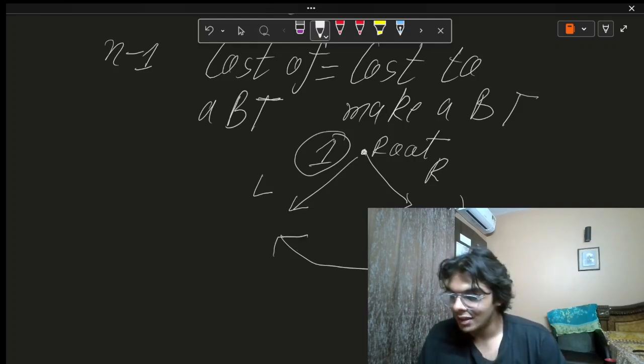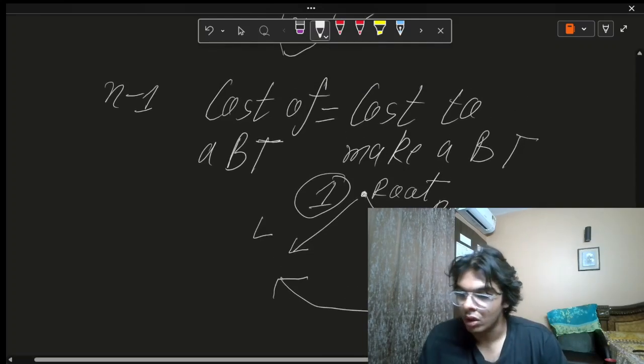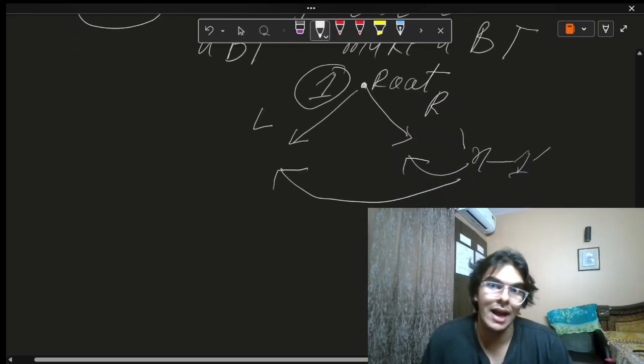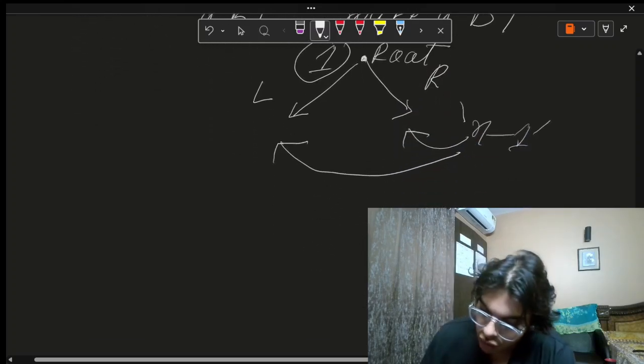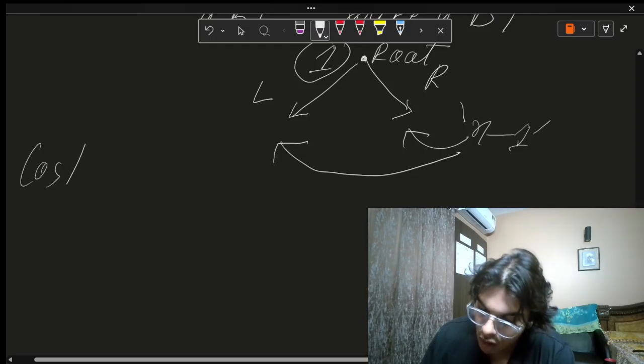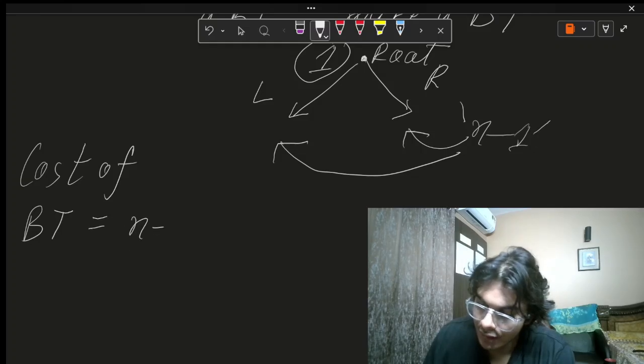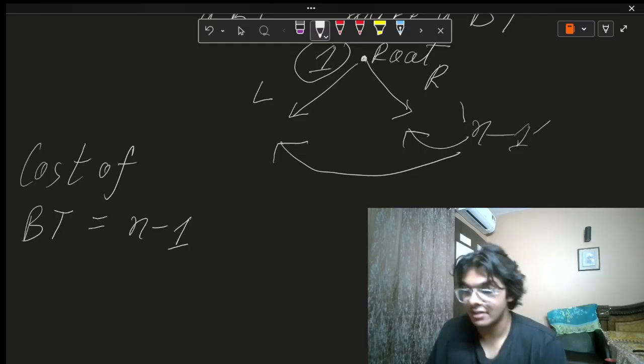So can we say that the cost of having the root is nothing but this n minus 1? Yes, we can. So if we are writing the total cost of the binary tree, first of all we include the cost of the root, which is nothing but n minus 1.